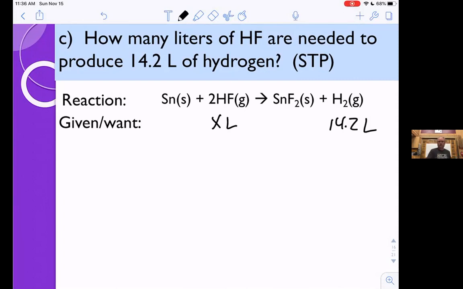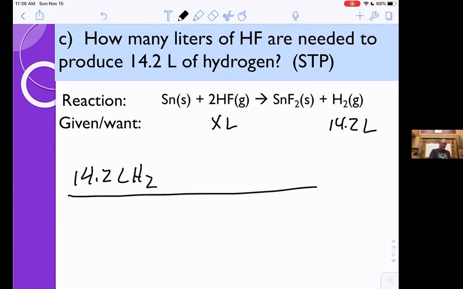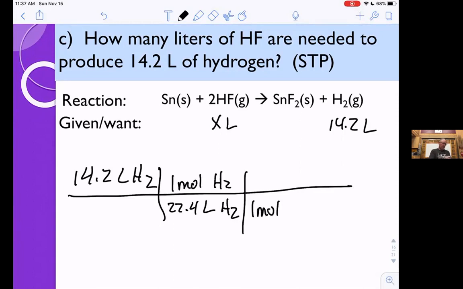Okay, so let's see what you did. Hopefully you started with 14.2 liters of hydrogen gas. To use my mole to mole ratio, I would need 22.4 liters of hydrogen gas is 1 mole of hydrogen gas. And off our balanced equation, 1 mole of hydrogen is 2 moles of the hydrofluoric acid.